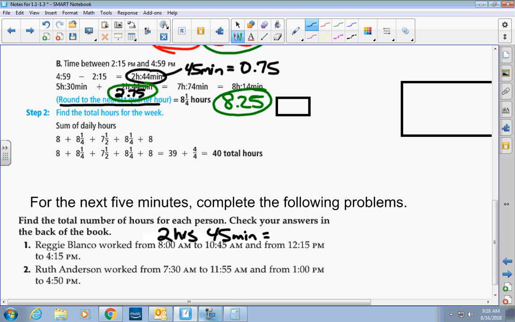I like to write that as a decimal. That's 2.75. Then he goes from 12:15 to 4:15. That's pretty straight up 4 hours, if you don't believe me: 1:15, 2:15, 3:15, 4:15. I just counted on my fingers. So that's 4 hours. So a total of 6.75 hours.